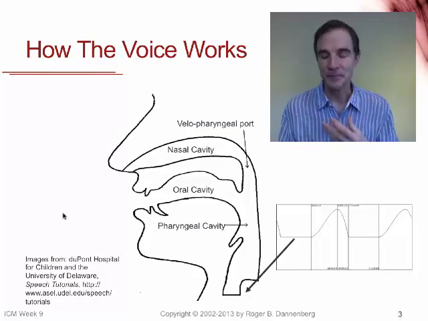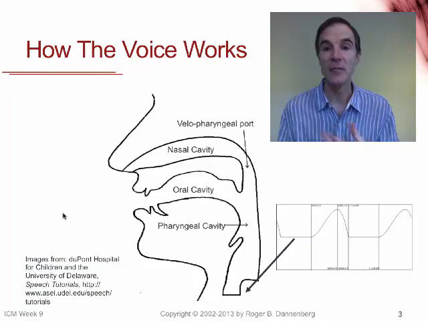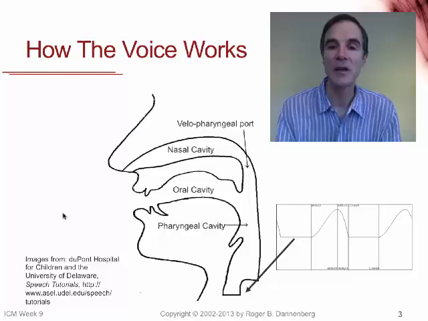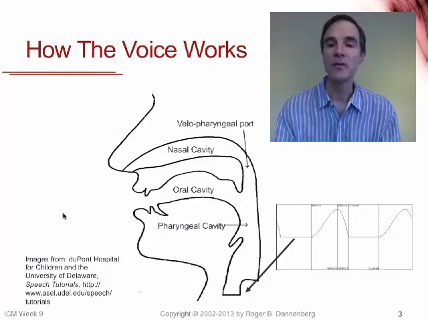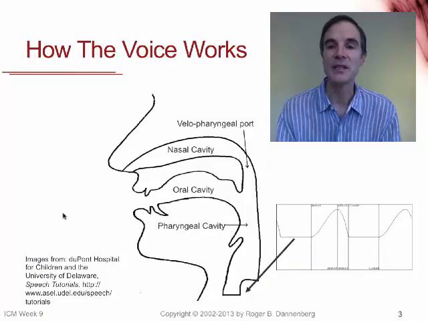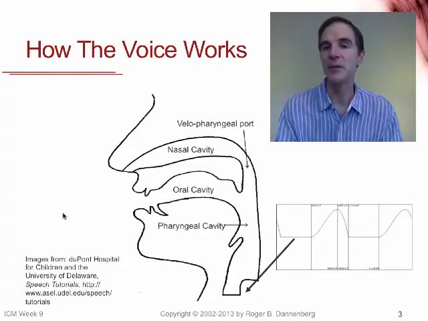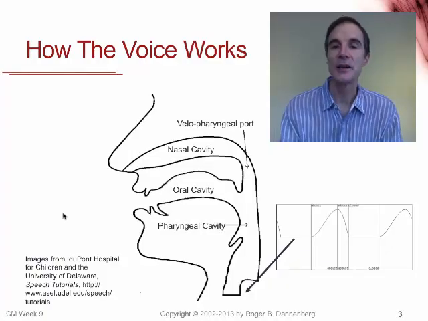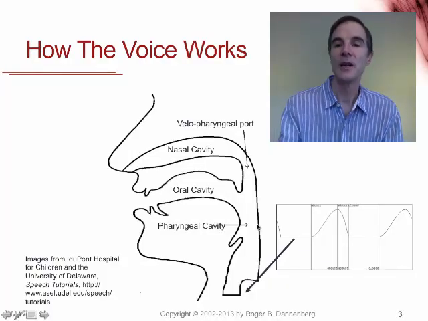This is a structure that vibrates when you push air through it from the lungs. And the waveform at the vocal folds is a series of pulses. They're not extremely sharp pulses, but kind of rounded pulses. And you can see a rough diagram of what the waveform looks like over here.